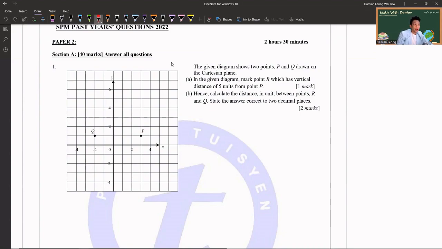So it can be 5 units above, 1, 2, 3, 4, 5, or 5 units below, 1, 2, 3, 4, 5.